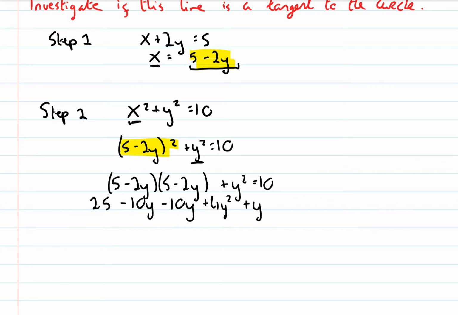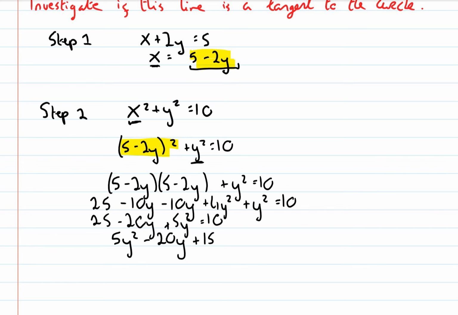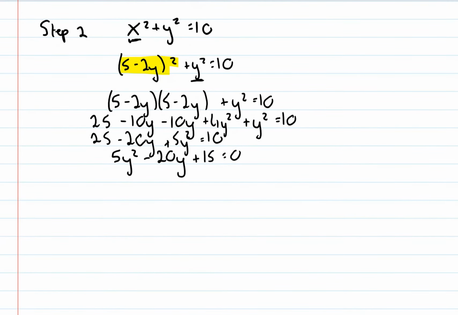And I have another y squared here and equals 10. If I simplify this, I'll have 25 minus 20y plus 5y squared equals 10. Simplifying again, I have 5y squared minus 20y plus 15 equals 0. I have a quadratic. I could divide across by 5 and I'll get y squared minus 4y plus 3 equals 0.